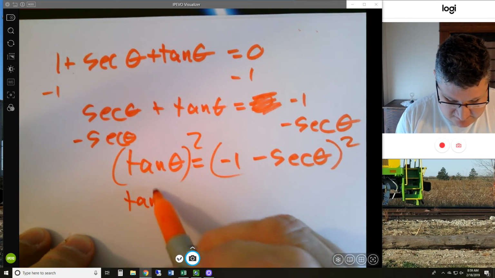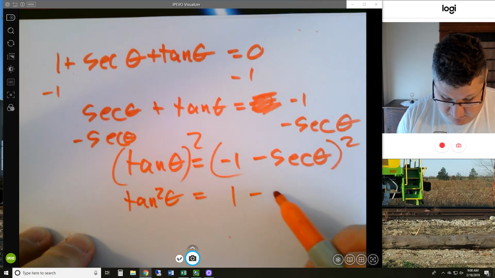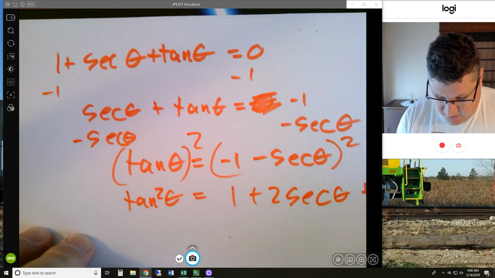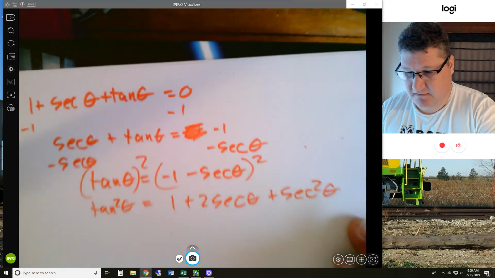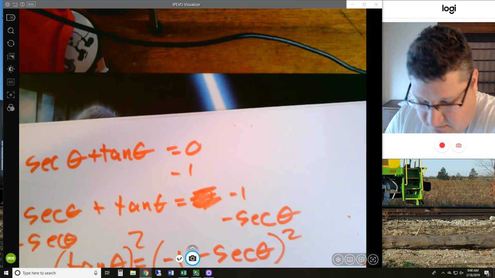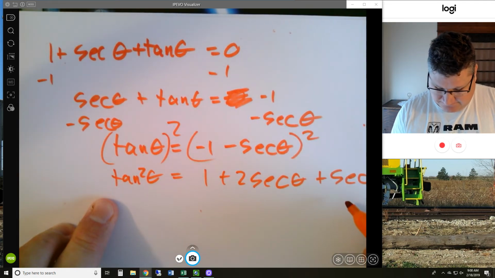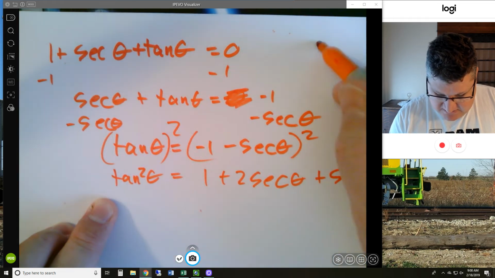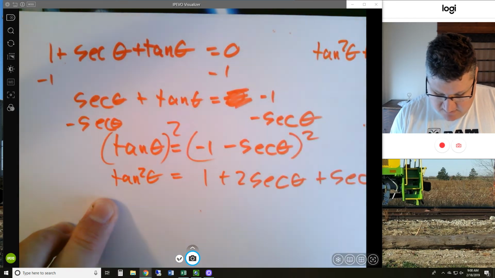So we got tan squared theta equals 1 plus, so twice the cross product, plus 2 secant theta plus secant squared theta. All I did was foil, okay? Now, at this point, I can say, well, gee, tan squared theta plus 1 equals secant squared theta.